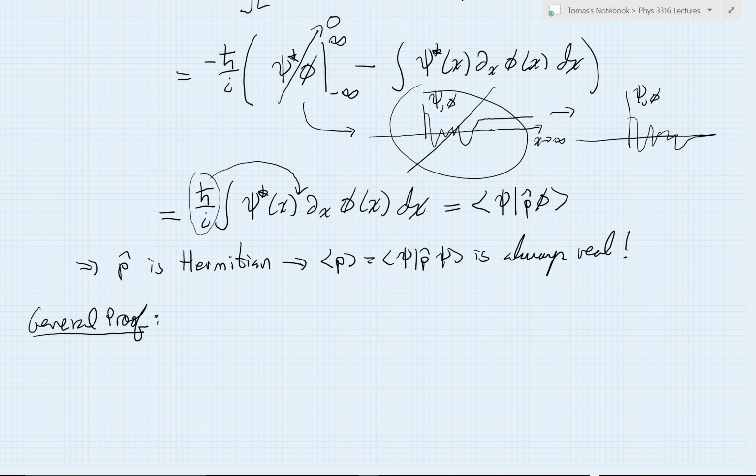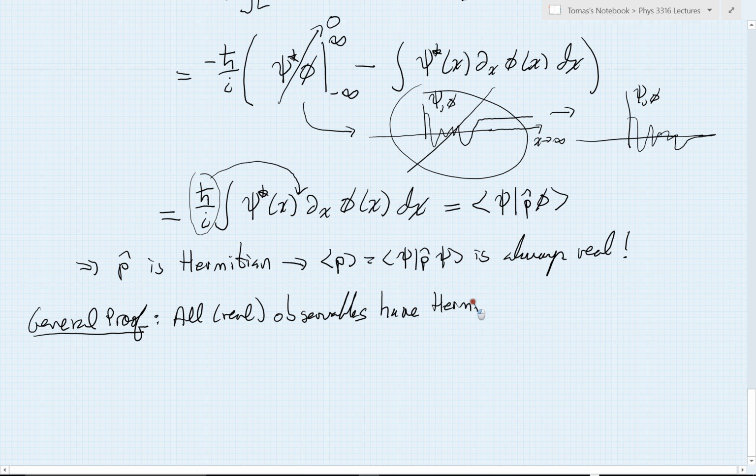So a general proof that all real observables have operators that are Hermitian.